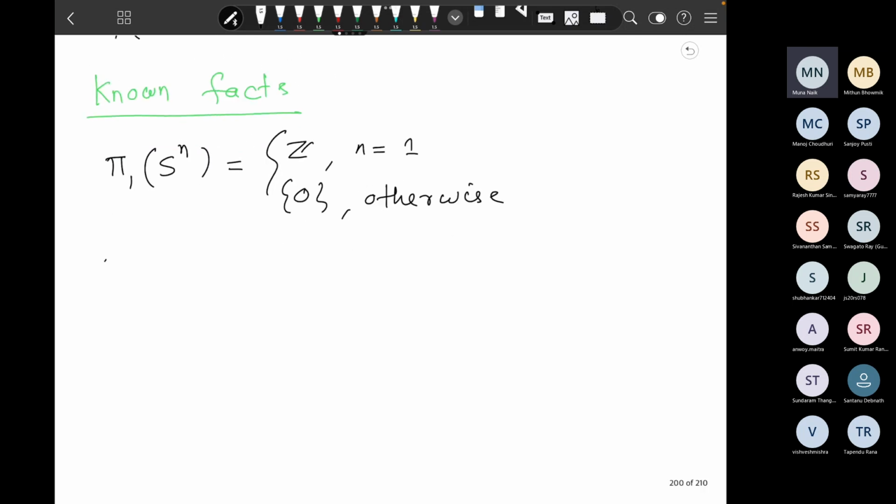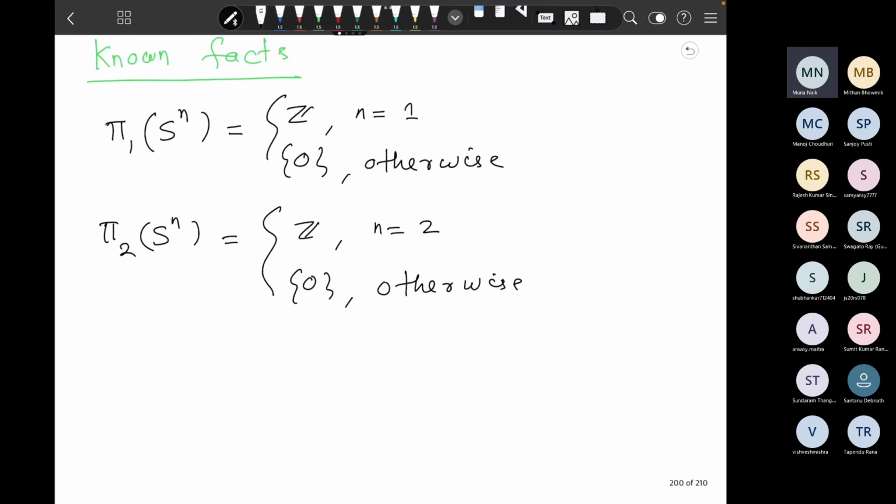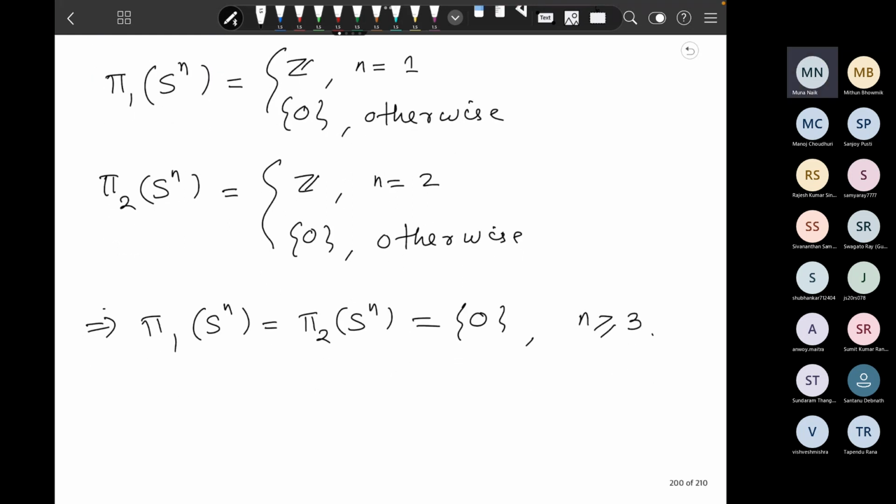Similarly, pi 2 of Sn is equal to Z if n is equal to 2 and 0 otherwise. So this implies both pi 1 and pi 2 of Sn are 0 for n greater than or equal to 3. This fact we will use.